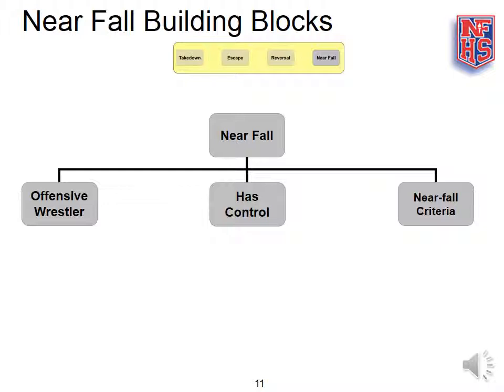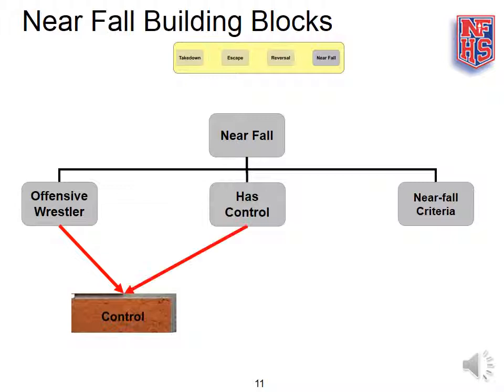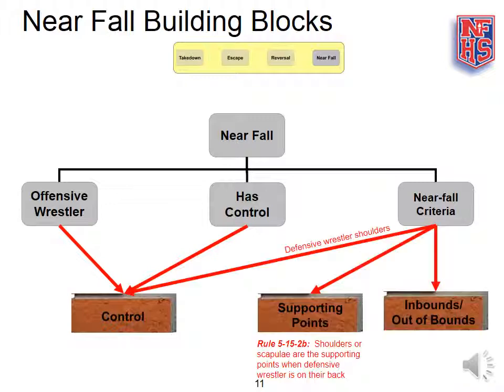So let's look at the building blocks for the near fall. Offensive wrestler, again, the control situation dictates if we have an offensive wrestler. Has control, again, just applying our definition of control. Lastly, near fall criteria uses all 3 building blocks actually. First of all, we have to have a defensive wrestler, so that's the control situation.